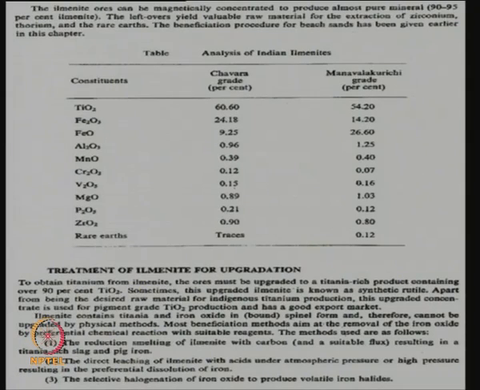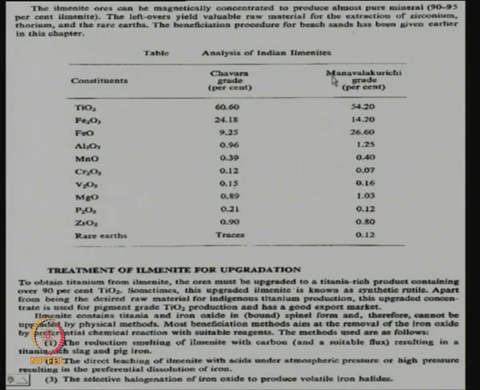Now, Indian ilmenites: I am giving the approximate analysis of two ilmenite containing beach sands. There is one in Chavara, where you see 60% TiO2, then there is Fe2O3, FeO, and then a whole lot of other things, including rare earth traces.